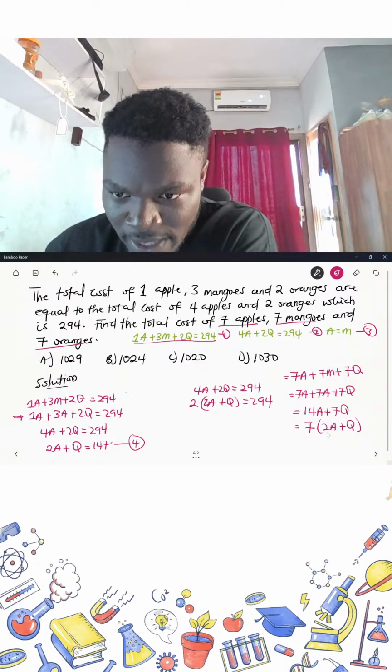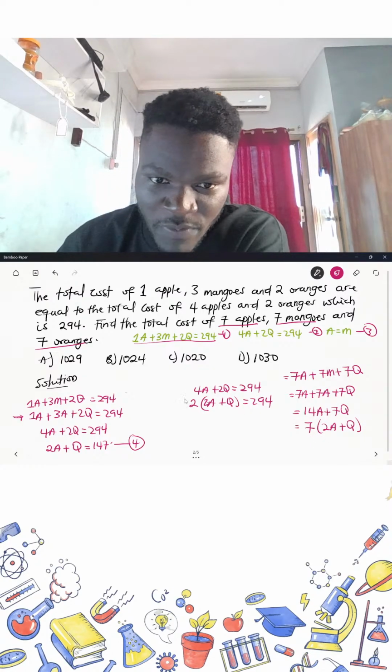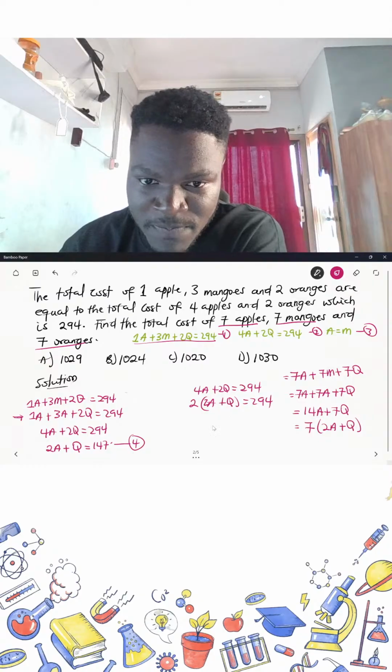Okay, all right. So I have this also here. If I come back to this expression, after I factor the 2 out, I can divide both sides by 2. This will cancel each other out. So I have 2a plus q is equal to 147. Are you okay?